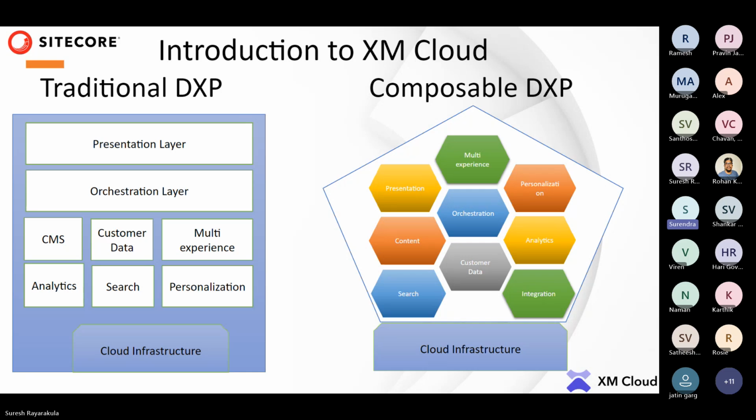The main benefit here is the faster development cycle, because you are working on only those products which you require, and later on if you need more, you can add it on top of the existing solution. By decoupling these components, brands have more flexibility to tailor their DXP around existing processes and infrastructure, and by using it, you can create agility for marketing and IT teams.